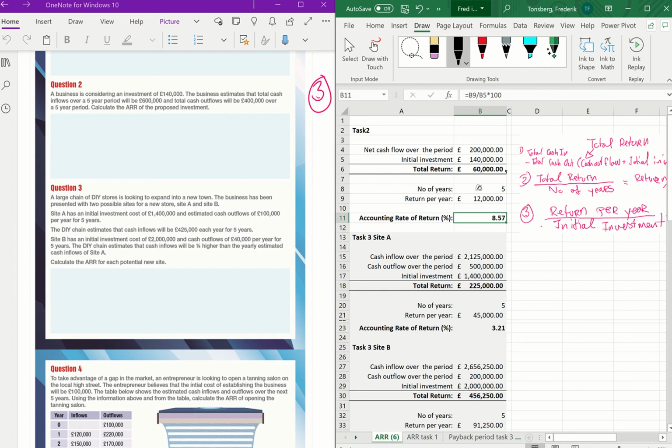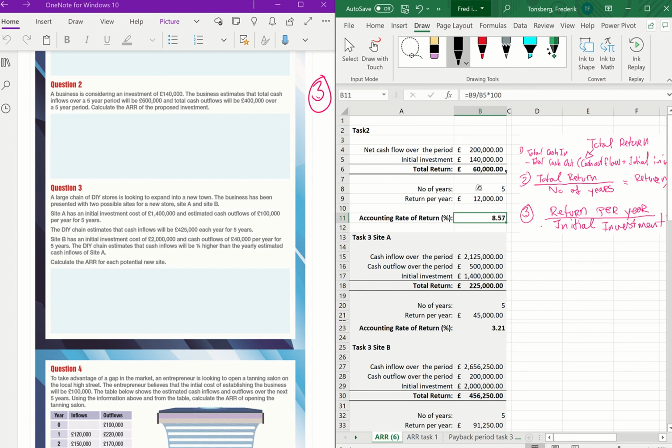But what it does tell us is that because our return is positive, we will make a rate of return of 8.57% per year. And you could compare that to the return on capital employed when you just do it for an entire business.